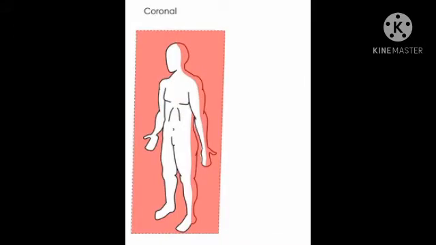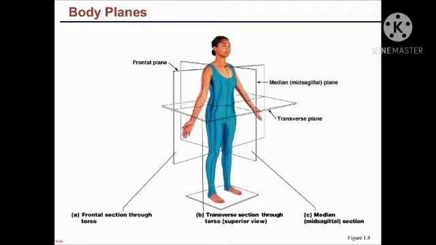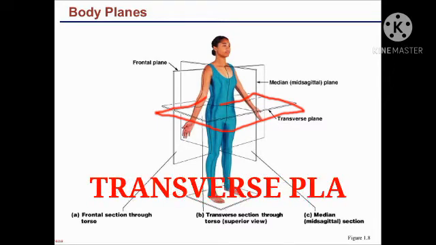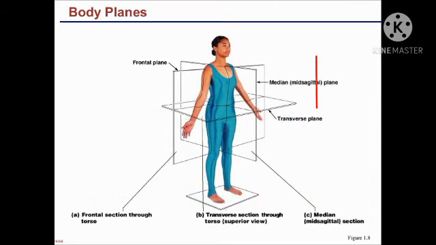If we are describing the positions of the hand, we have got two surfaces. The anterior part is called the palmar surface, and then the back part is called the dorsal surface. Another plane that we need to talk about again is the transverse plane. This one cuts the body into two parts, the upper part and the lower part.